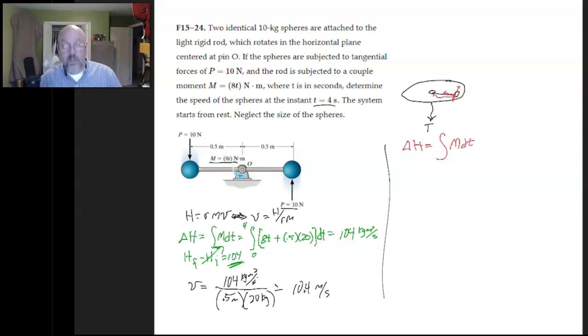So as I'm pulling on that string, there's no moment going into that thing. And so this term right here is 0. That means my change in angular momentum is 0.